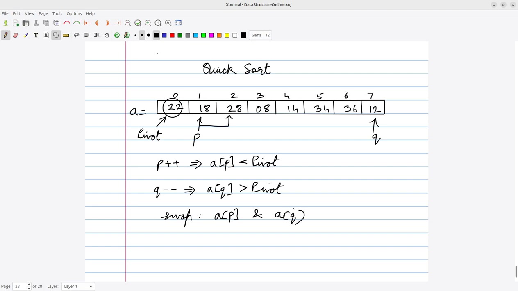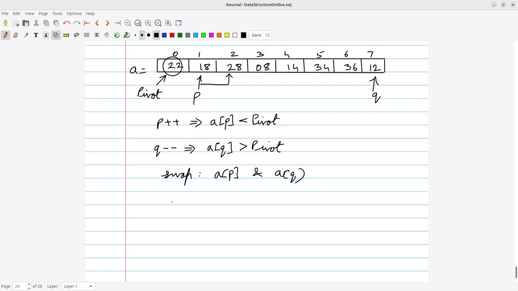If we swap this, then our array will consist of 22, 18. So we are swapping elements stored at index 2 and index 7. At index 2 we will get 12, and the rest of the elements will remain the same. So it's 8, 14, 34, 36, and at index 7 we will be getting 28.